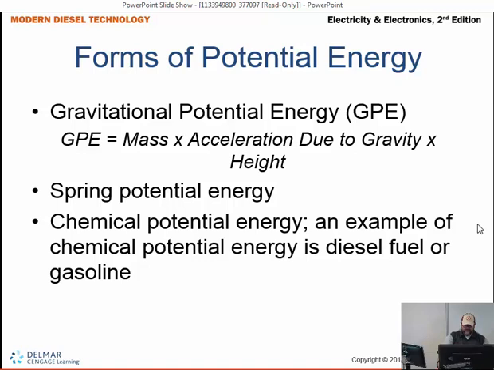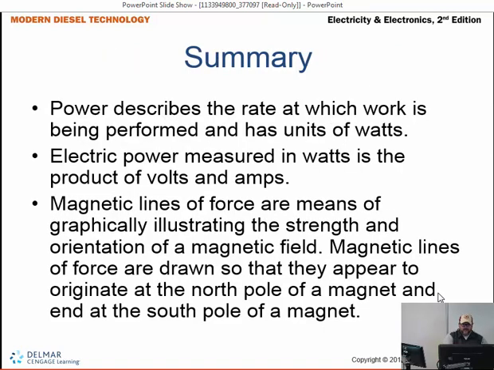Spring potential energy is another form of potential energy. And then you have chemical potential energy. An example of chemical potential energy is diesel fuel or gasoline. That's potential energy sitting there. It has caloric value. If we light it off, it's going to create energy: heat, light, gas. So that chemical potential energy changes into a couple of different types of energy, and then we have our reaction.